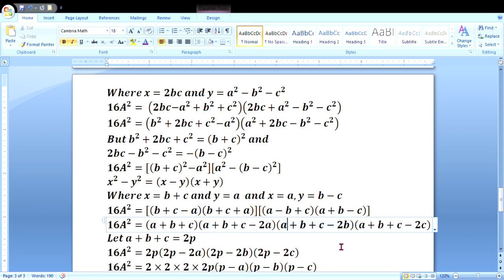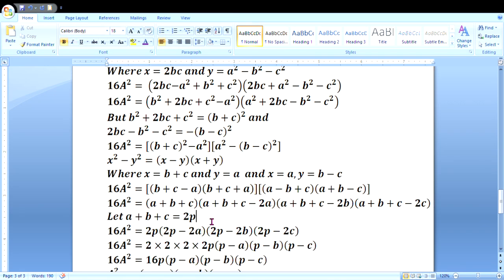Now some transformation has to be done here. Here we let the whole of a plus b plus c be 2p. You know that the p there is simply what we call the semi-perimeter. So we can also say that p is a plus b plus c divided by 2. So whenever we see a plus b plus c, we replace it with 2p.